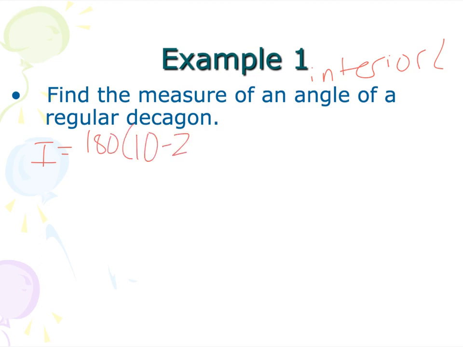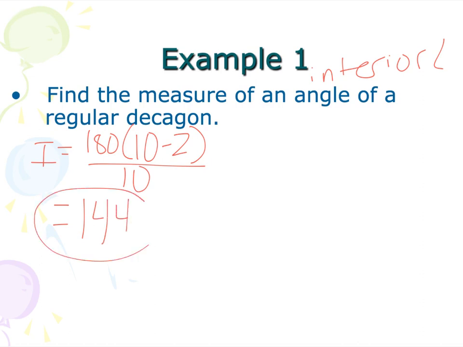See what I mean about knowing the names? If you know the names and the number of sides, you'll be able to do these problems. Otherwise, you're going to be in trouble. And then we're going to divide that by 10. So when I plug that all into my calculator, you get 180 times 8 divided by 10. I end up with 144. Okay, so that's the measure of one angle.